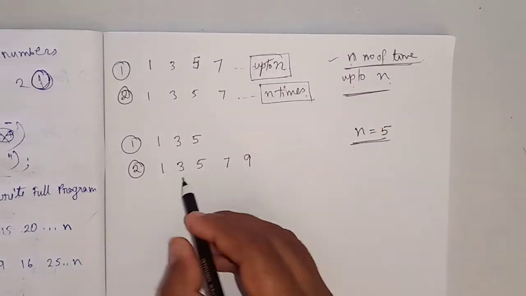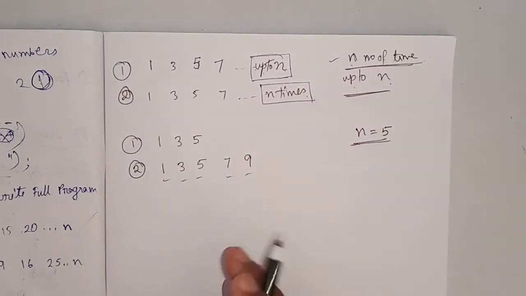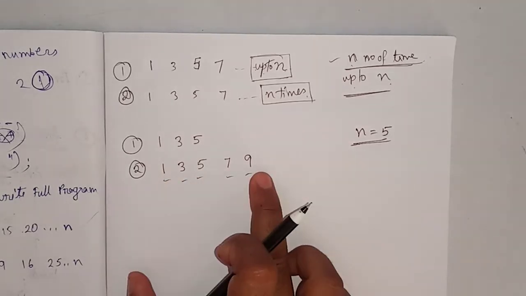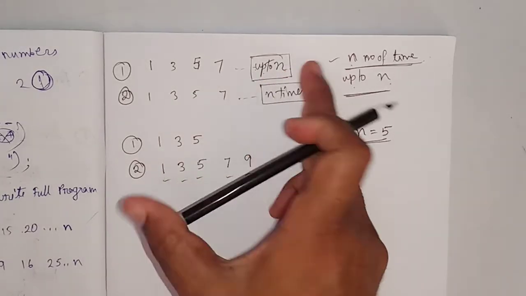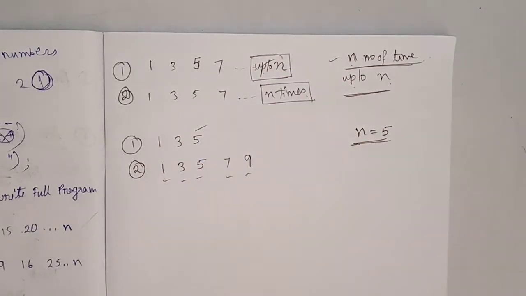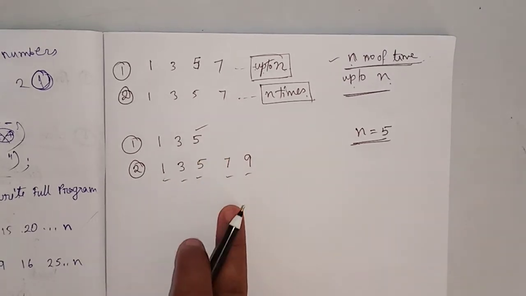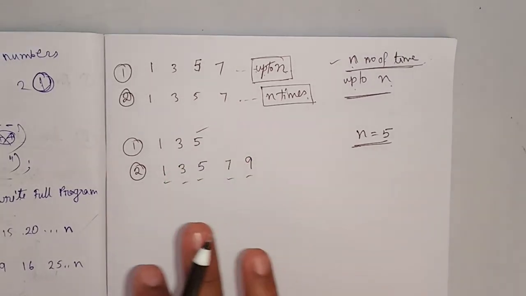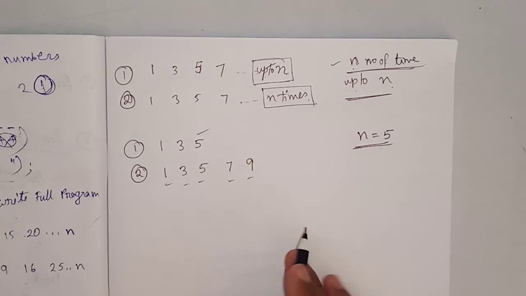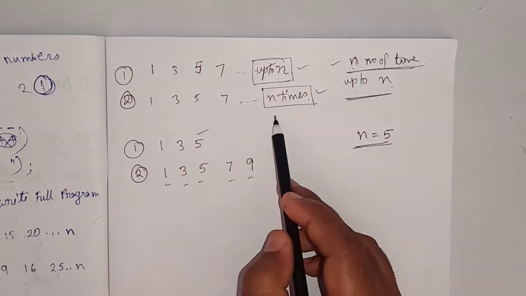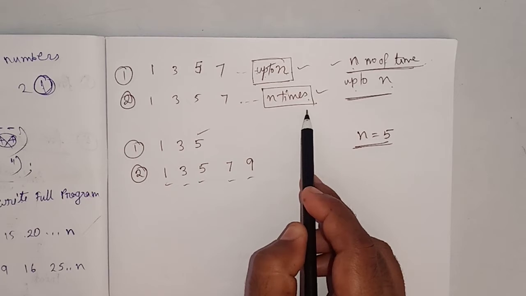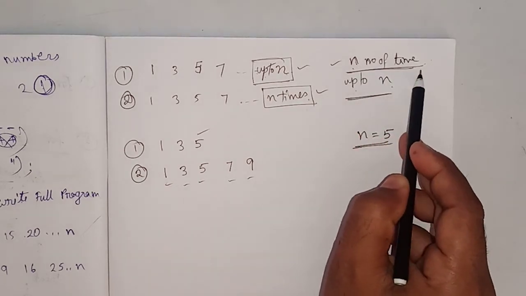N times means 1, 2, 3, 4, 5: you print the values 5 times. And up to n means you print up to the value of n. These are two different things. When you are writing any pattern, make sure you look at these two things first: up to n, or n number of times.